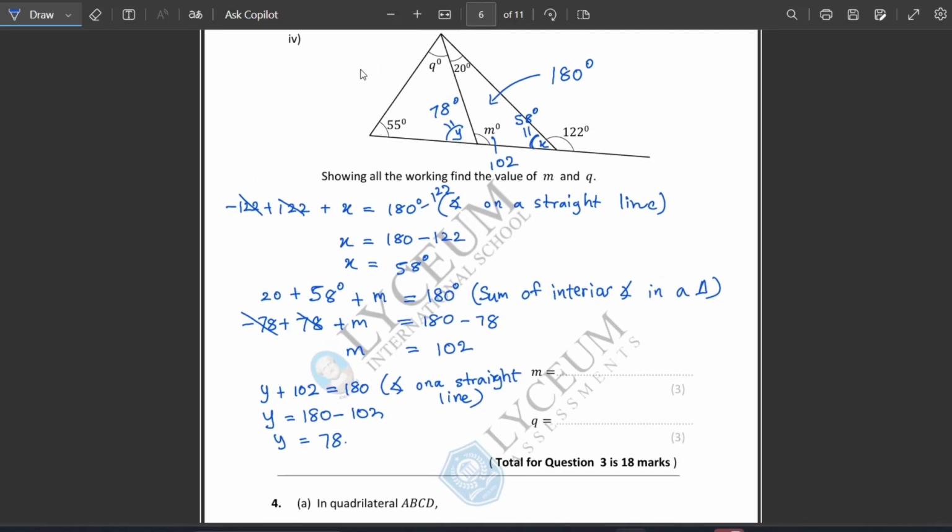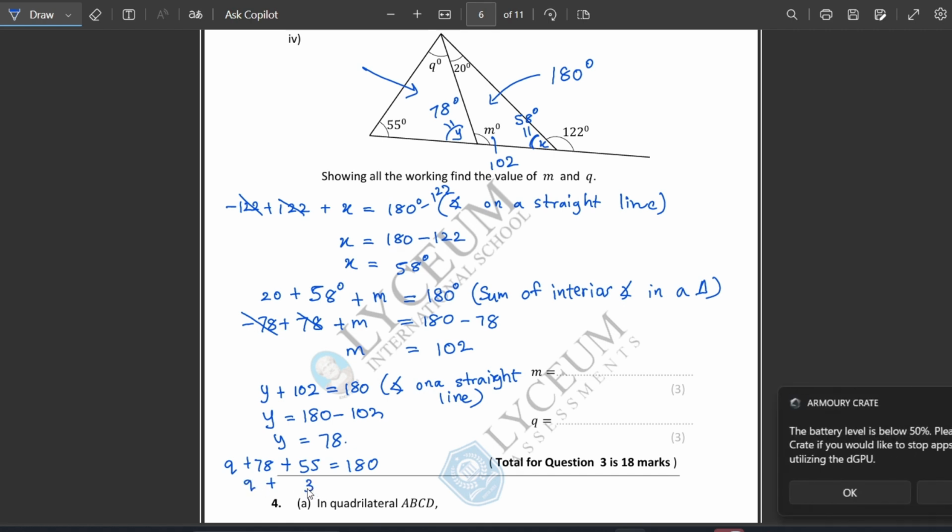Okay, now we can use this triangle. So q plus 78 plus 55 should be equal to 180. So we can get q as 180 minus 133.